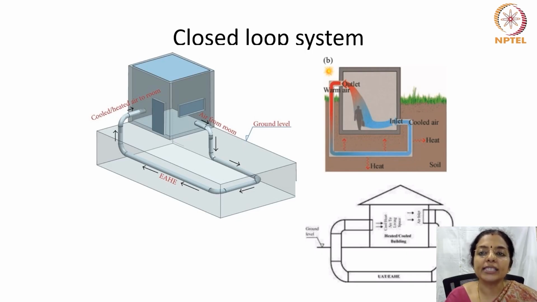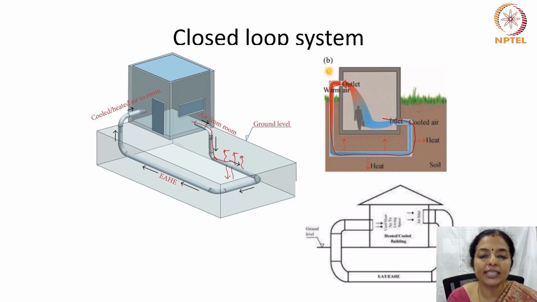So in this system, you have a pipe which acts as an inlet and outlet pipe. It's the same. Air from the room comes through this pipe, and suppose it is summer, it gives out its heat.